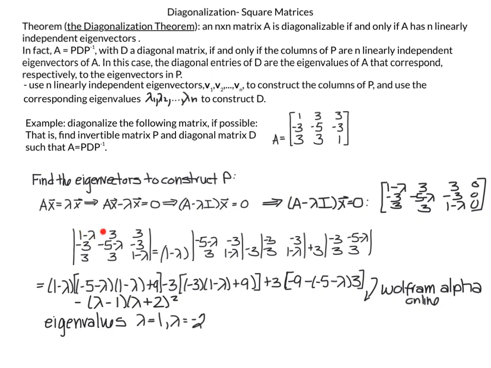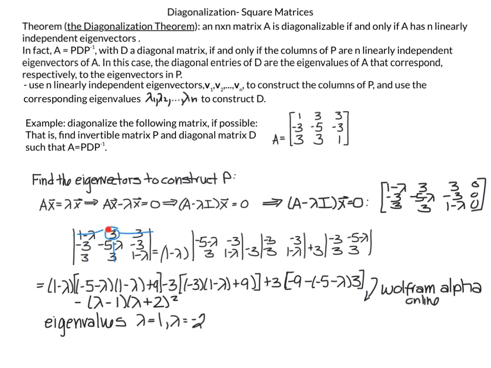So I have my first entry a11, 1 minus lambda, crossing out its row and column, and we're left with the determinant of this matrix here, my negative 5 minus lambda, 3, and then negative 3, 1 minus lambda.